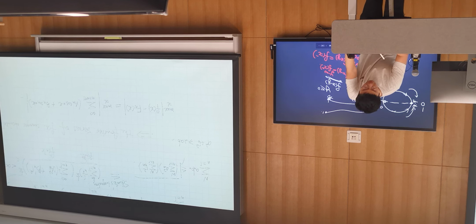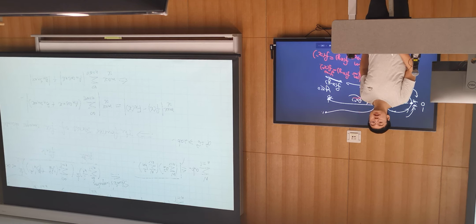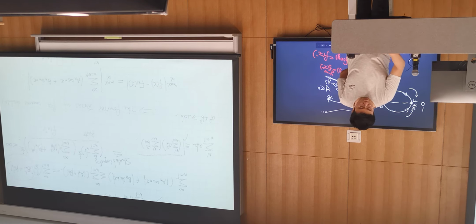So this should be smaller than or equal to, again taking the maximum over x, the sum of the absolute values of a_n cosine nx plus b_n sine nx. So far so good?